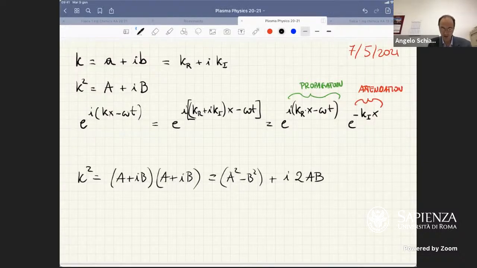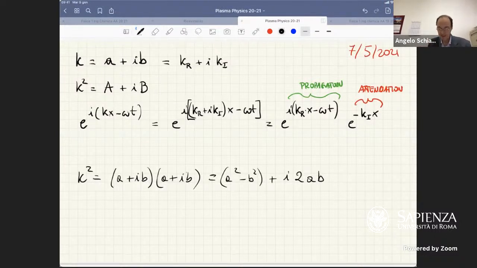Wrong symbol, sorry. This is all lowercase, because this is k times itself. So we have a squared minus b squared plus i twice the double product.